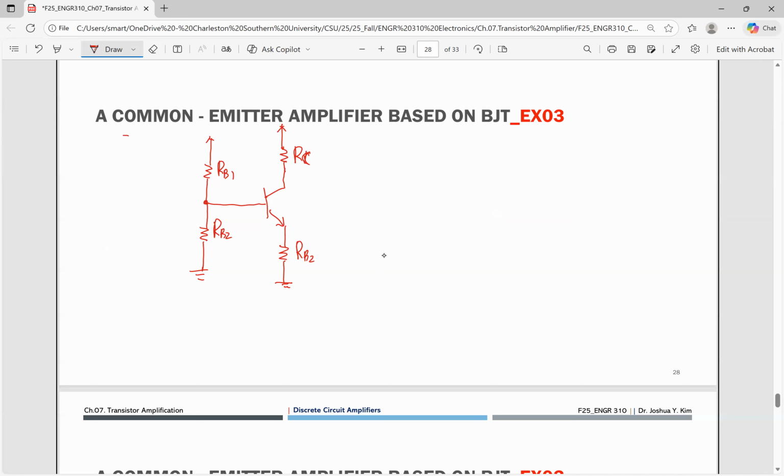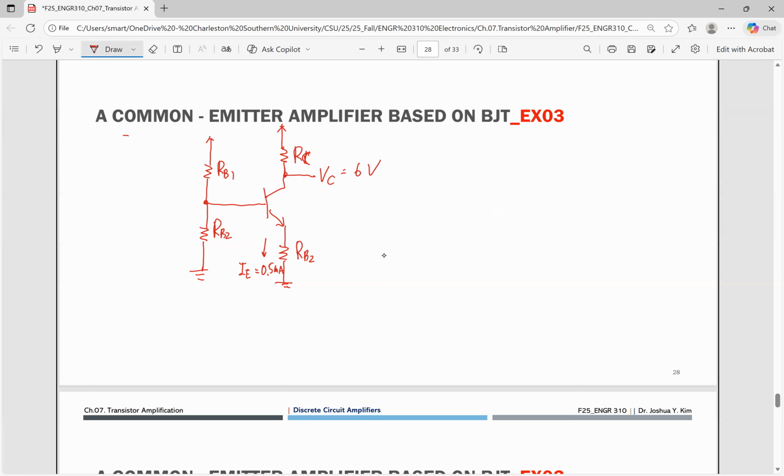So one more time, I sub E is 0.5 milliamp, and V sub C is 6 volts.